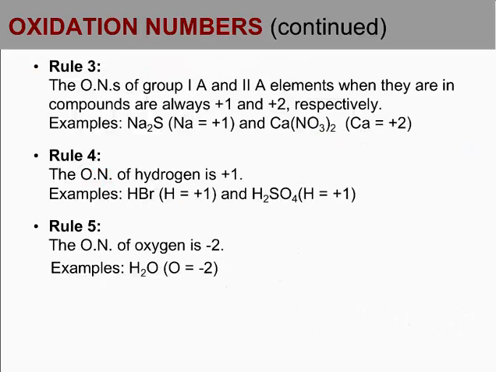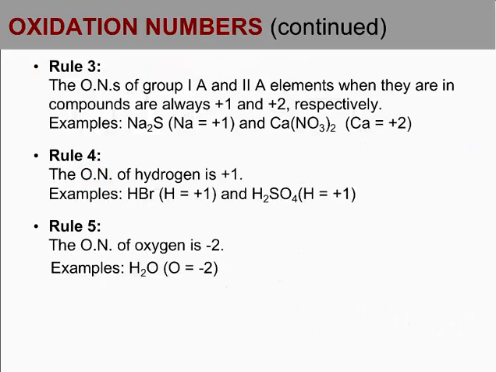Sodium is a group 1A element, so we're going to say that it has a +1 oxidation number. Or another example, let's say we have calcium nitrate. We're going to assign calcium a +2 oxidation number because it is a group 2A element.